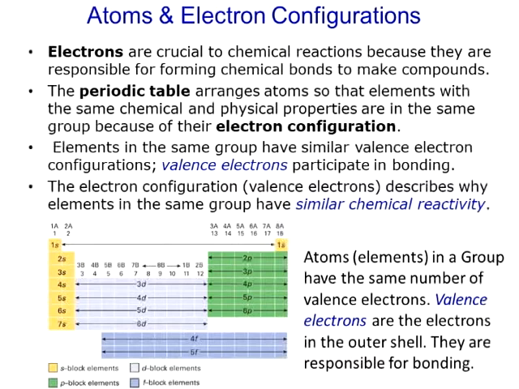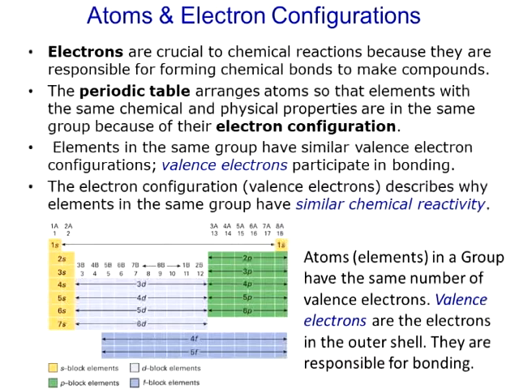Valence electrons are the electrons that participate in bonding. The electron configuration and its valence electrons describe why elements in the same group have similar chemical reactivity. And that's an important principle to hold on to.